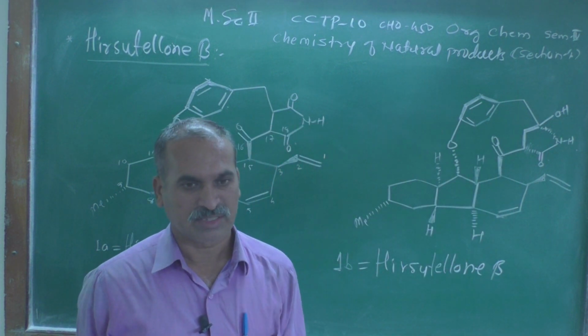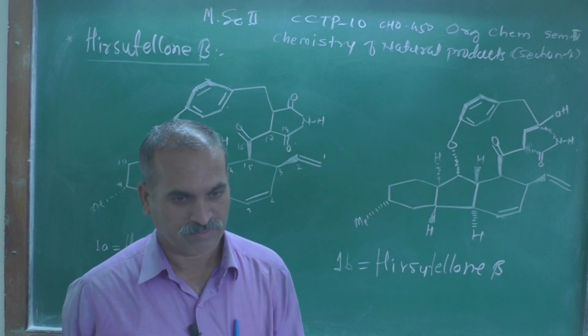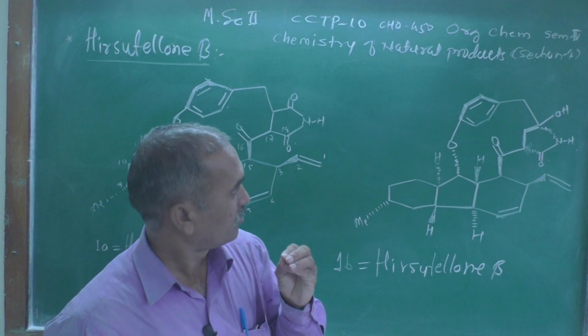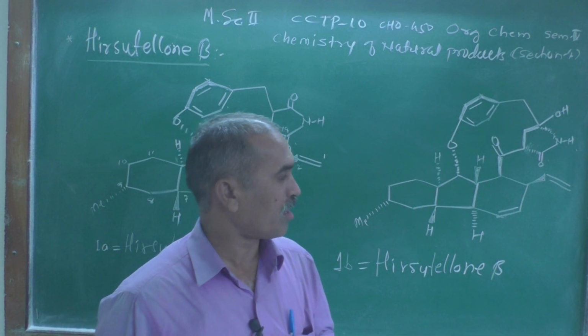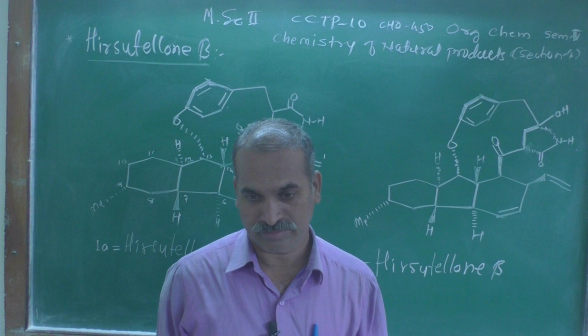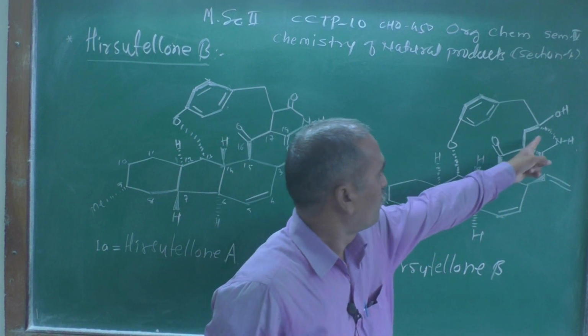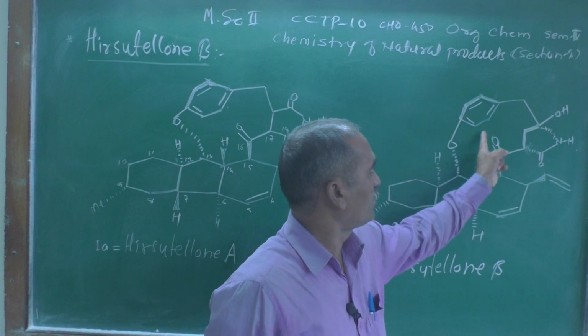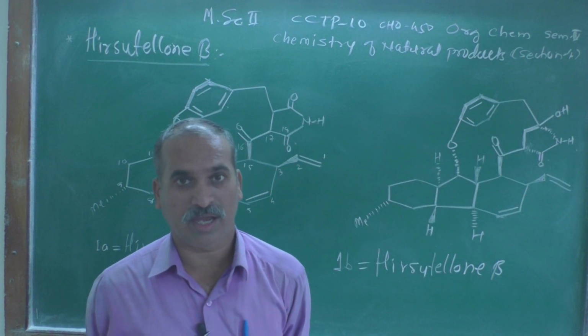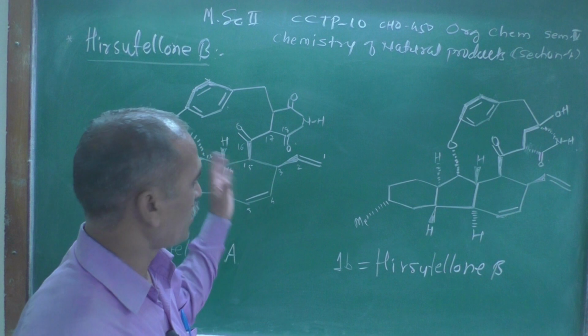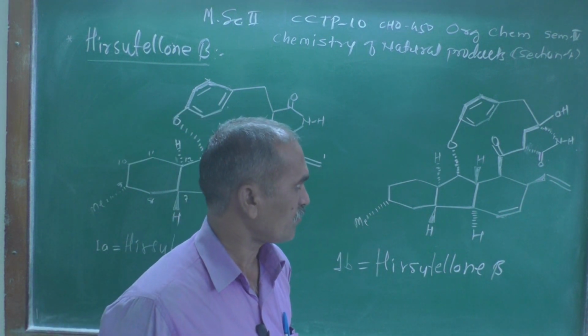There are 6 rings present. Look once again, 1, 2, 3, 4, 5 and this 6. So there are 6.